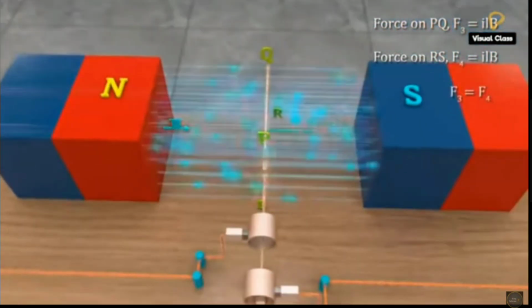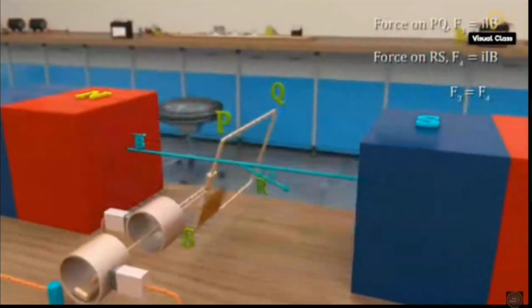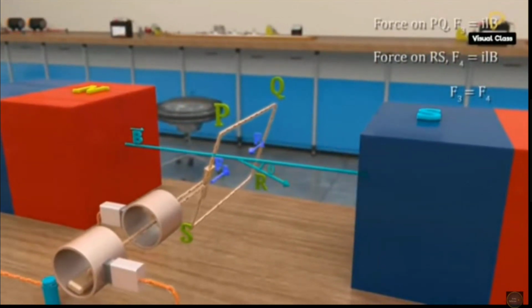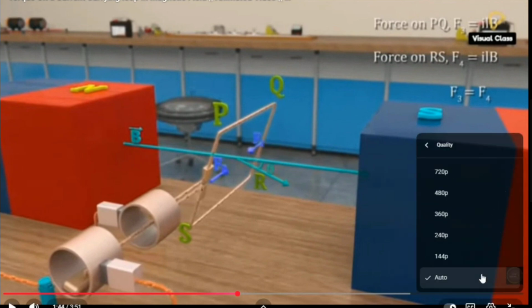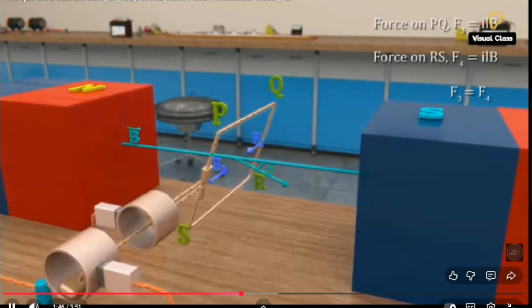Now, let the loop's normal make an angle theta with the magnetic field. Forces on SP and QR are equal and opposite to each other, and they have the same line of action.